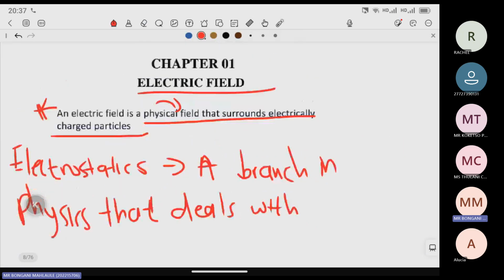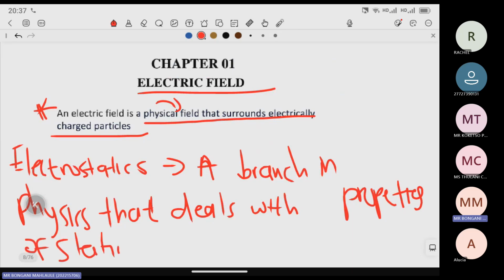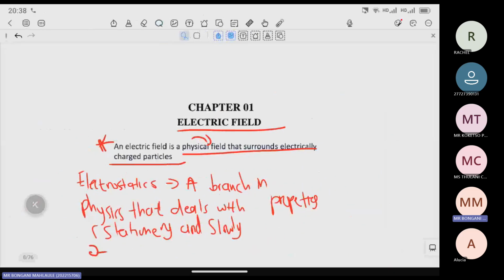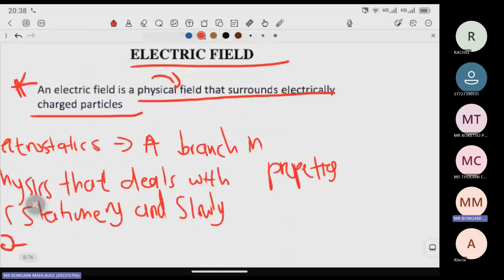Branch in physics that deals with properties of stationary and slowly moving electric charges.